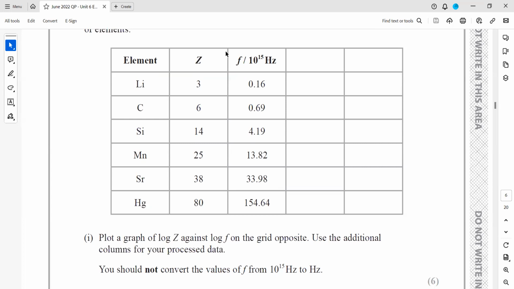So we want to plot a graph between log z and log f. And as I mentioned, we don't have to convert into hertz. So what units we will write accordingly? Because we just want to take a log of that number, 10 power 15, we don't want to convert into hertz.